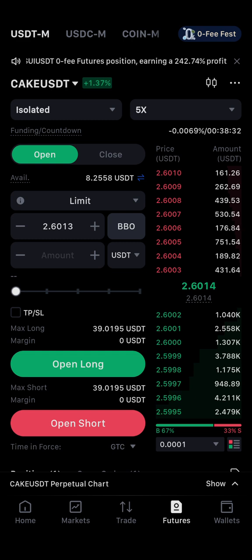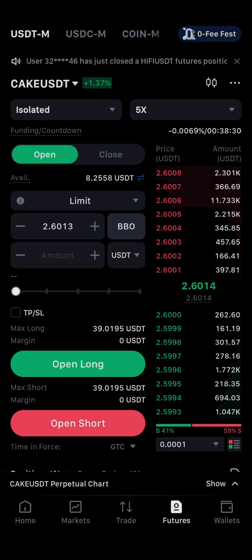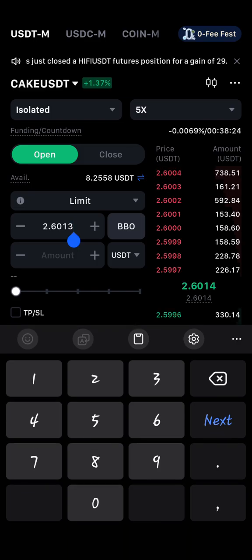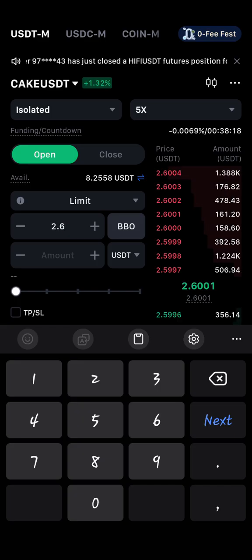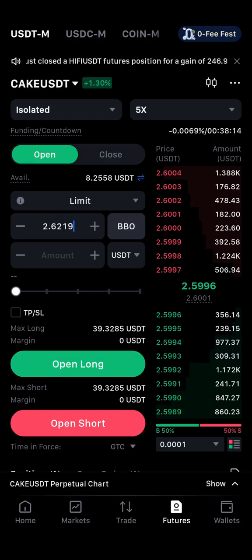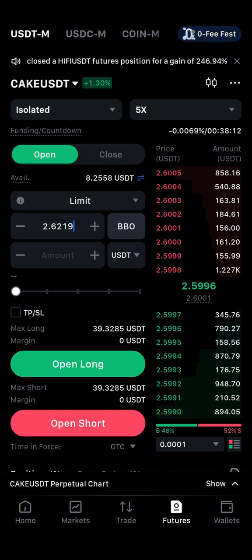The next thing you do is to ensure that you input the price which you are given as the entry price. I told you I entered this trade at 2.6219. That was when I entered the trade.